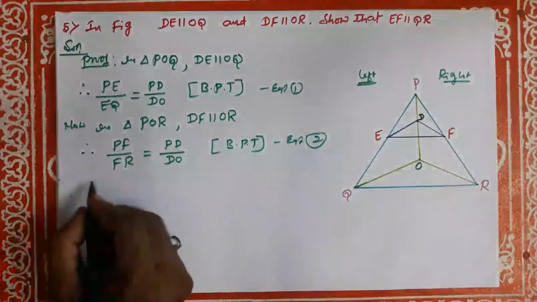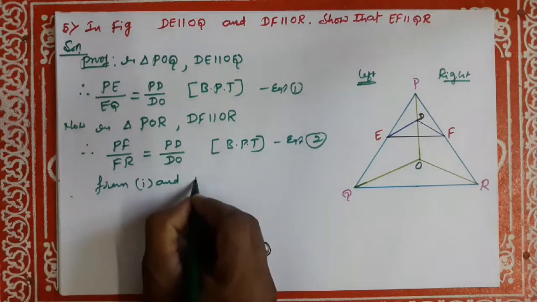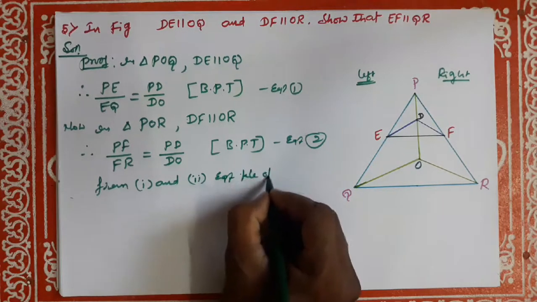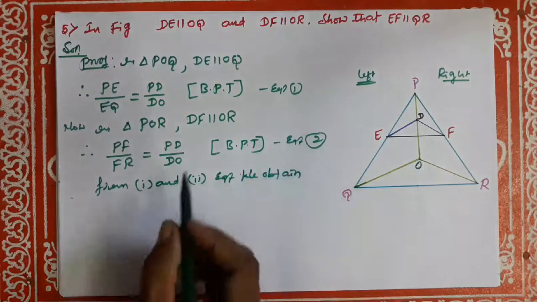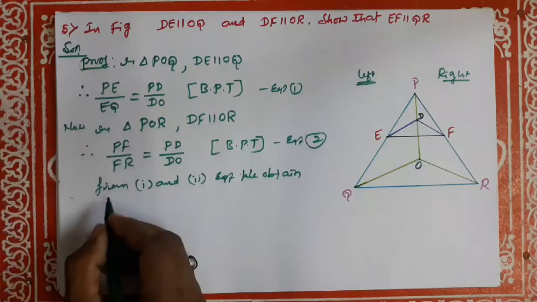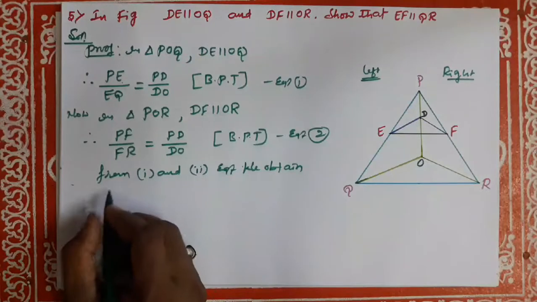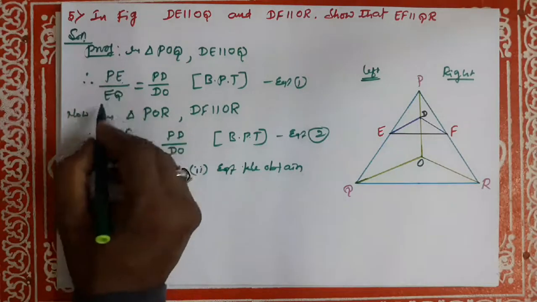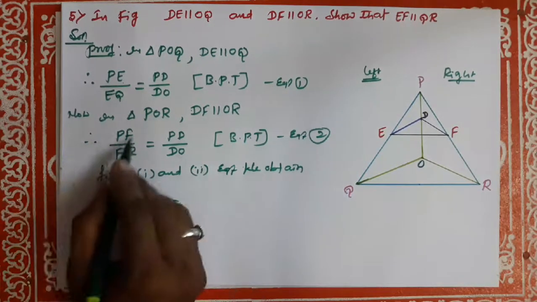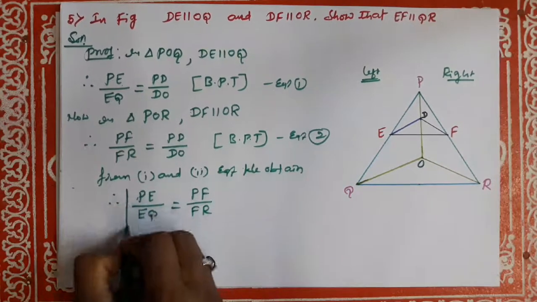From equations 1 and 2 we obtain, see, both corresponding ratios are equal, then the sides are parallel. Therefore, PE by EQ is equal to PF by FR.